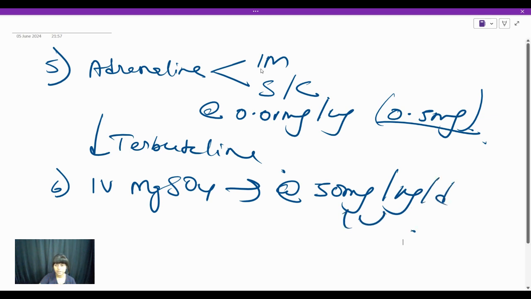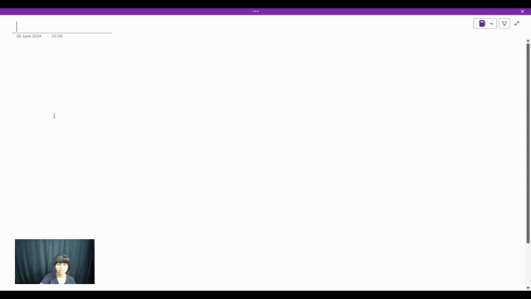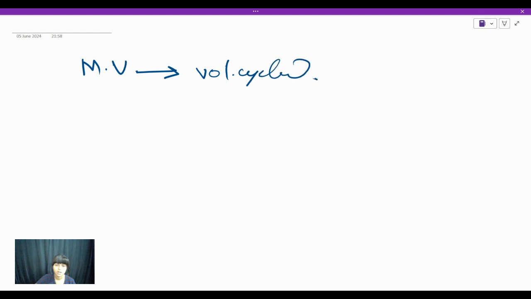Okay. Still, again the child is not responding. So basically, you don't have any other drugs in your hand. So that time you have to go for mechanical ventilator. Okay. Generally, we do not prefer ventilator in case of asthma, but if the child is not responding, you can do nothing. So that time you have to put the child in a mechanical ventilator, and that should be volume cycled one.